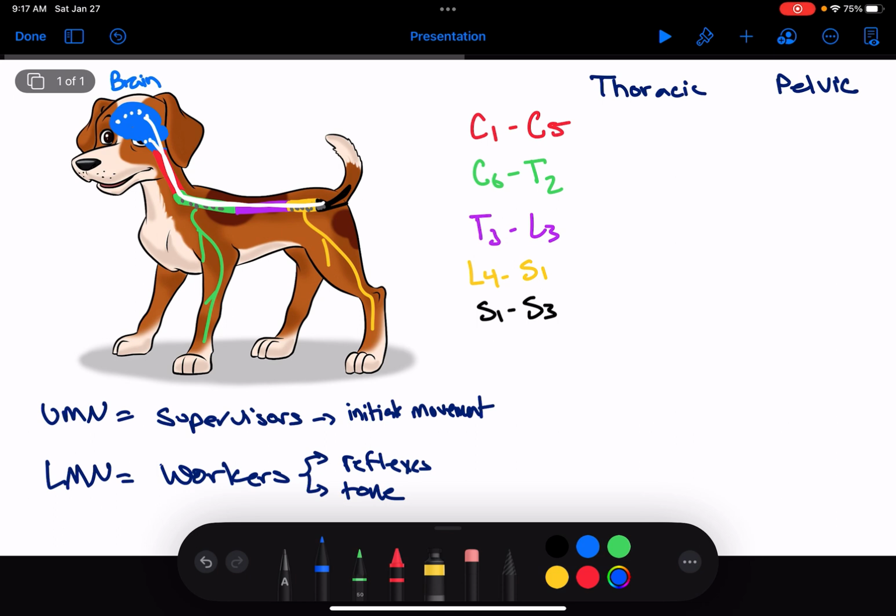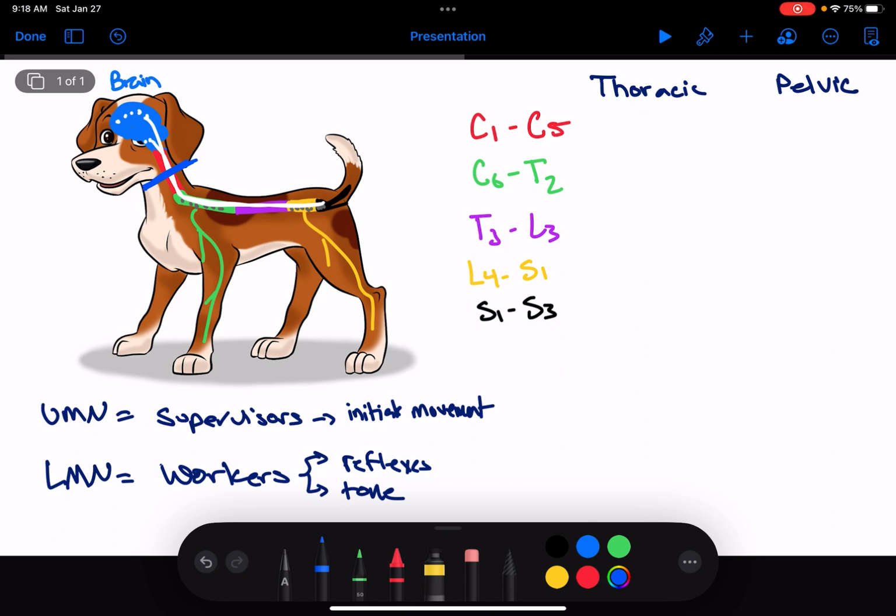So when I have a lesion here at C1-C5, oftentimes this can be a disc herniation, cancer, meningomyelitis, things that are causing damage to the spinal cord. We're going to see issues down the road. And so what we see here is when we have a lesion here, we have now disrupted those white matter tracts that are traveling through C1-C5 from the brain down to the lower motor neurons.